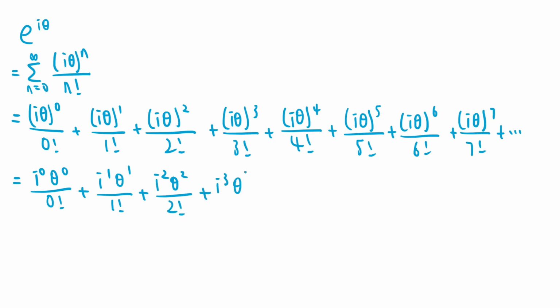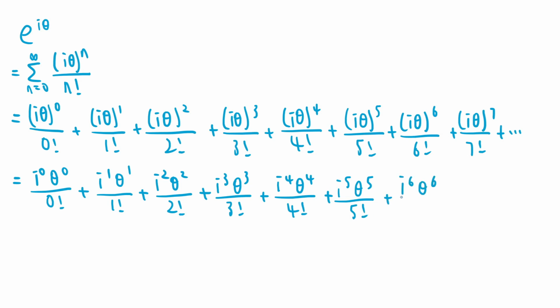And this pattern will continue consistently for each term, so we just need to finish writing all of these terms in this format. So i to the 5th theta to the 5th over 5 factorial plus i to the 6th theta to the 6th over 6 factorial plus i to the 7th theta to the 7th over 7 factorial, and this series will continue with an infinite number of terms.